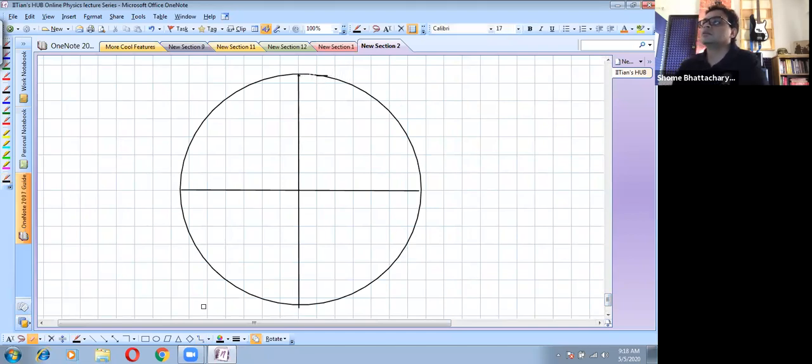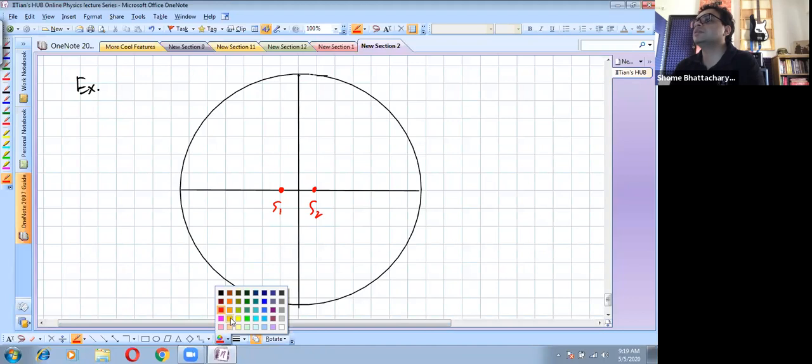So this example now, what we have is first of all two sources of sound, two point sources S1 and S2, which are symmetrically placed with respect to the center of a circle like this.